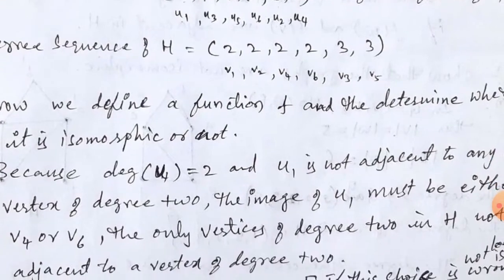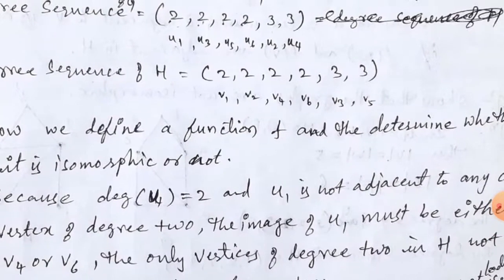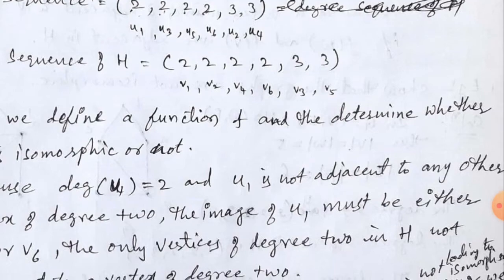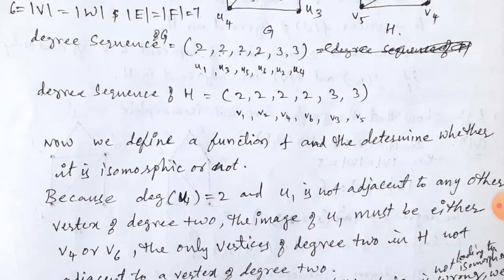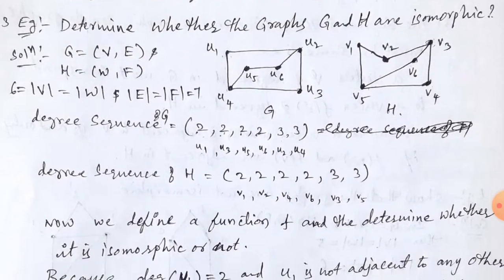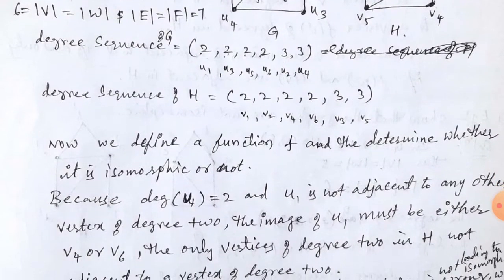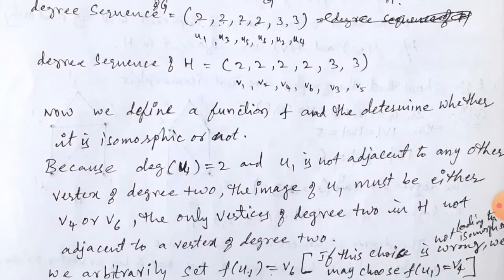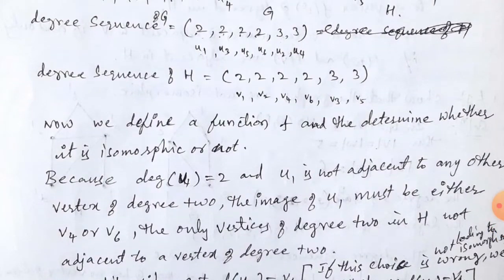Similarly for v also. Now the degree of u1 is 2, and u1 is not adjacent to any other vertex of degree 2. So the image of u1 must be either v4 or v6.